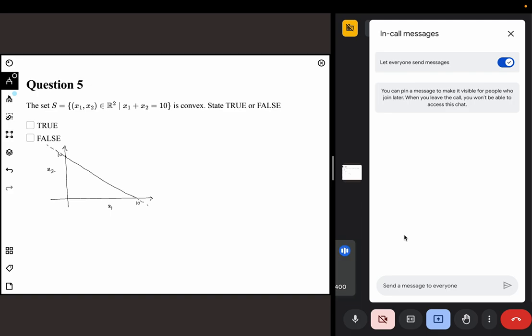It goes in all directions. It's a line, right? So it will go even beyond, into the second quadrant and fourth quadrant also. So is this particular set, the set of all points on this line, convex?